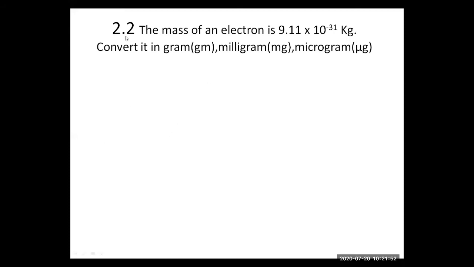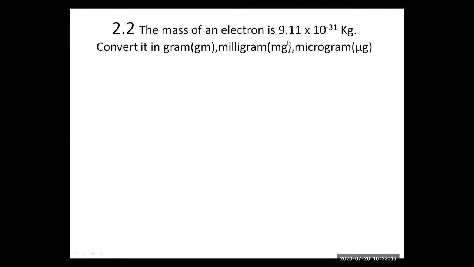Now here the numerical is 2.2: the mass of an electron is 9.11 multiplied by 10 raised to the power minus 31 kg. Again, I am repeating, the mass of an electron is 9.11 multiplied by 10 raised to the power minus 31 kg.